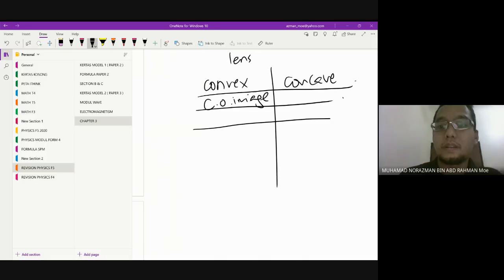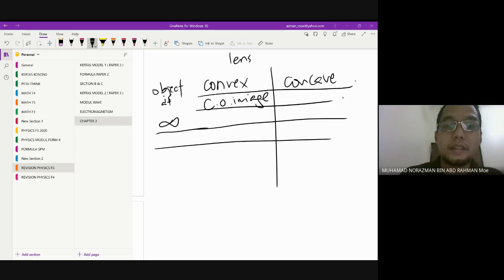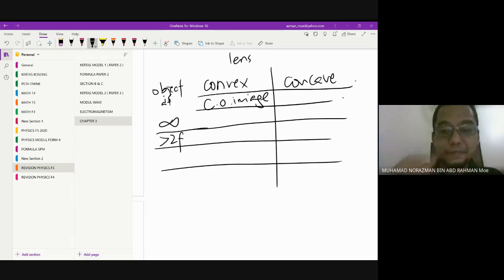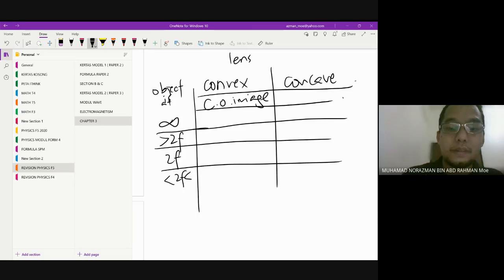So kita ada when object is at infinity, when object is more than 2f, when object is at 2f, when object is less than 2f but more than f.